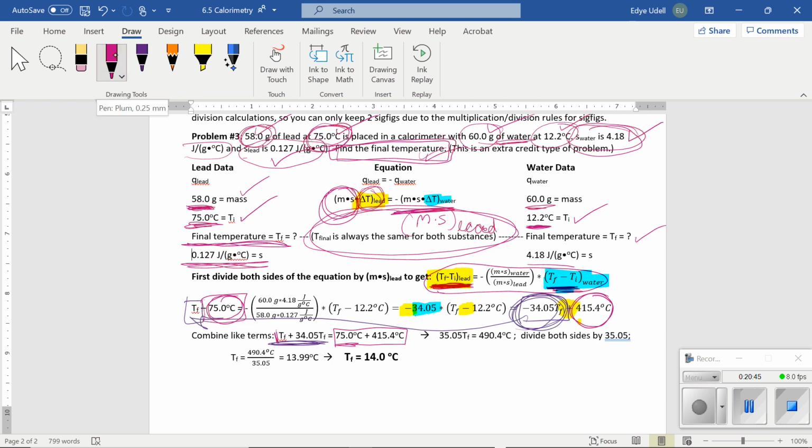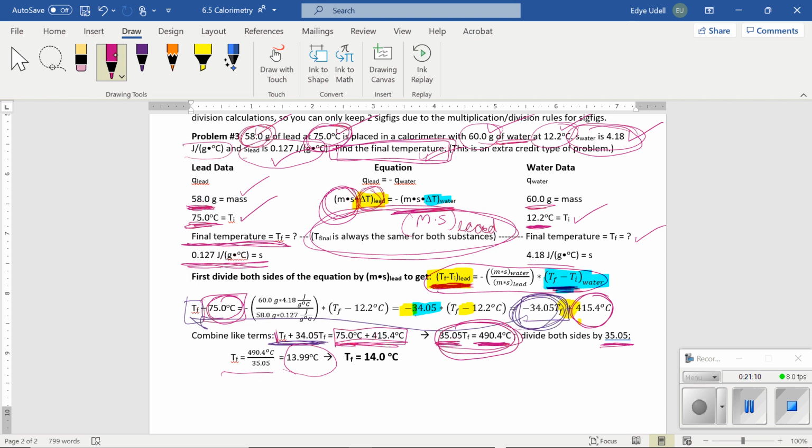So 1 TF plus 34.05 TFs gives me 35.05 TFs. When I add this, I get 490.4 degrees Celsius. With this equation, I need to divide both sides by the 35.05. That's shown here. When I calculate that, I get 13.99 degrees Celsius.